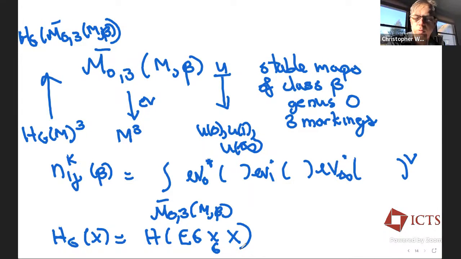So it has no simple enumerative interpretation, this new number which you are defining, not the equivariant extension. Okay, I see. Thanks.